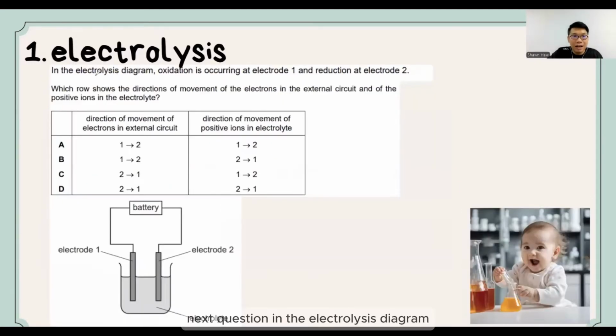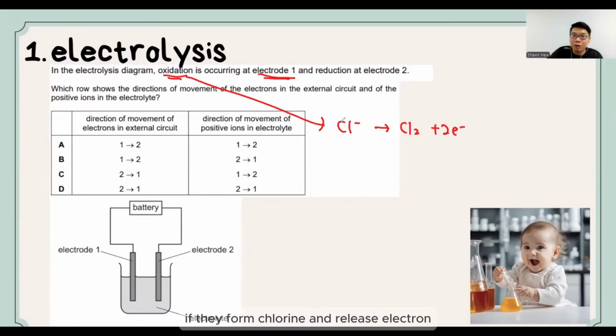Next question. In the electrolysis diagram, oxidation occurs at electrode 1 and reduction occurs at electrode 2. Oxidation means that their oxidation number increases. For example, if chloride ions form chlorine and release electrons, the oxidation number changes from -1 to 0, no charge when they are molecules, as the ions get attracted and then release electrons.